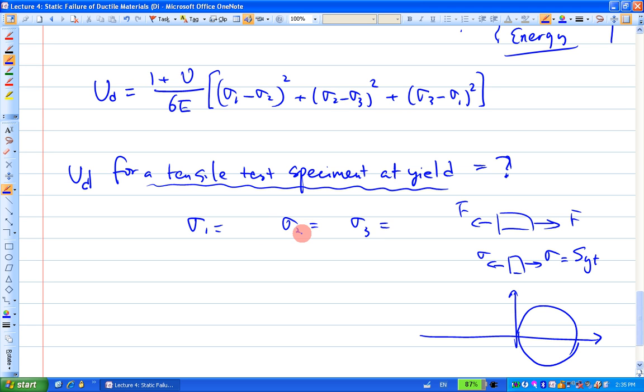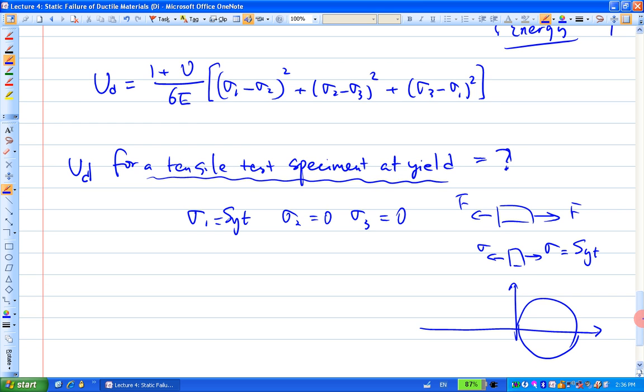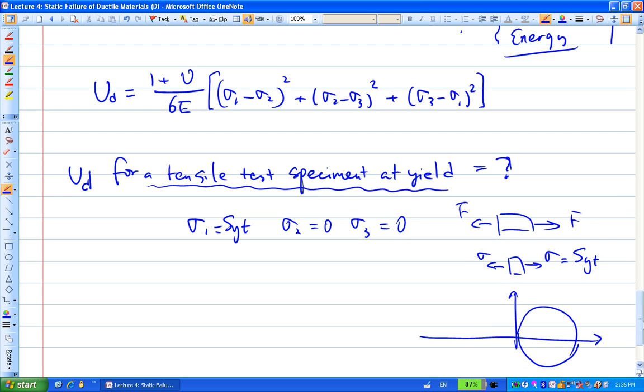That tells us sigma 2 and 3 are both 0, and sigma 1 will be SYT. That's the value of sigma 1 to 3 for this situation. Then things are easy now.